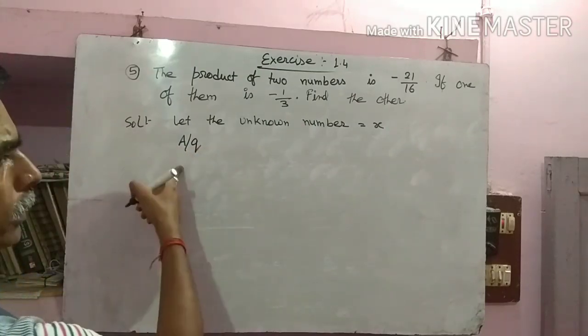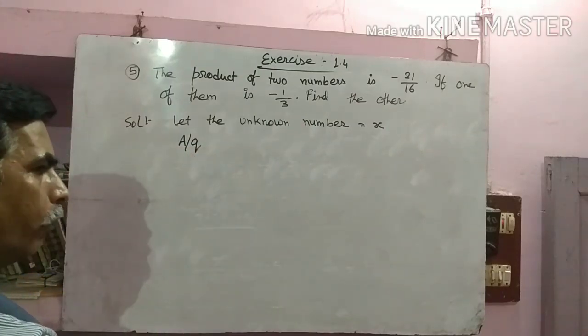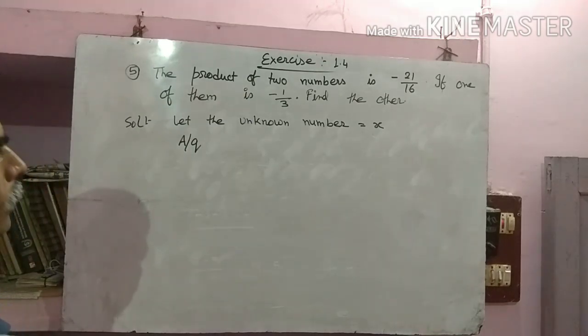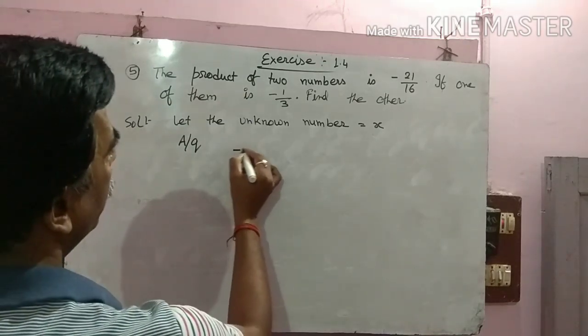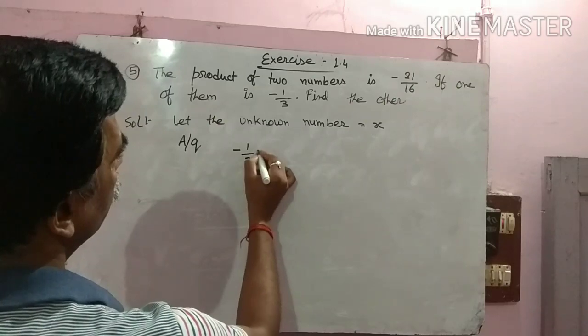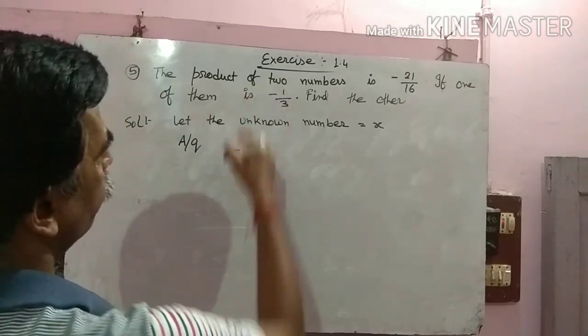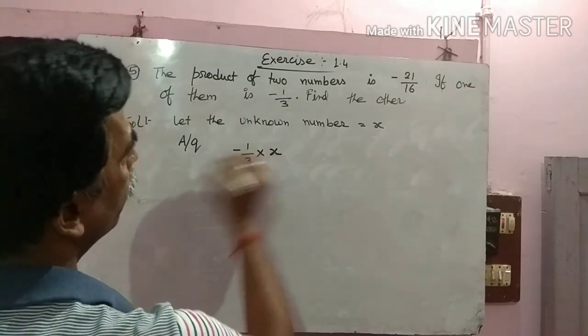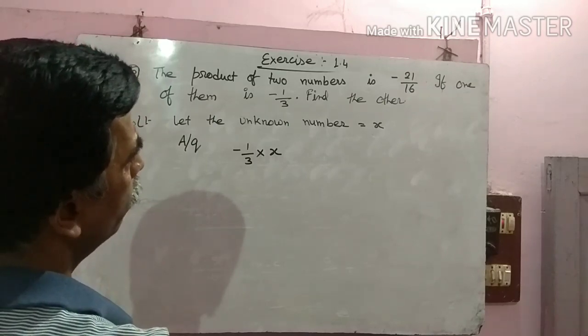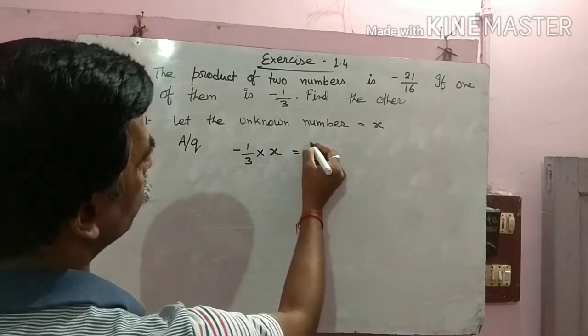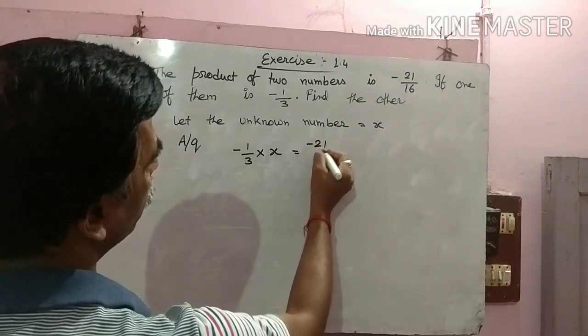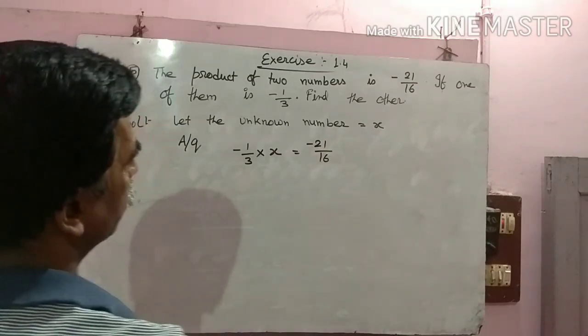You can write like this, or you can write a complete word statement. Minus 1 by 3 into the unknown number, the number which you have to find, is equal to minus 21 by 16.